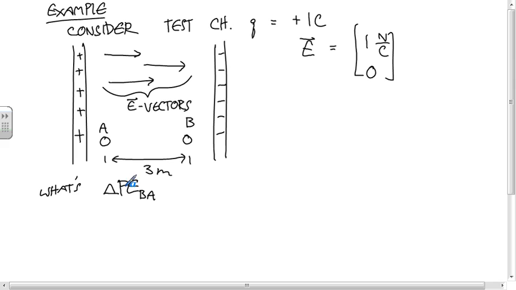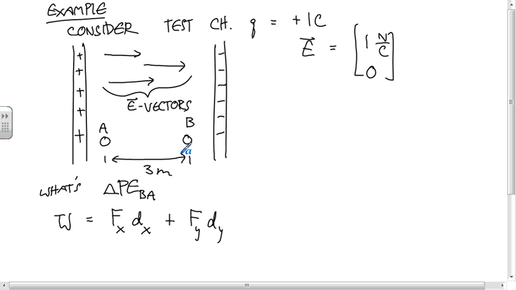Okay, we don't have a potential energy function, so we have to calculate the work. So work is equal to the x component of the force vector times the x component of the displacement plus the y component of the force vector times the y component of the displacement. Anyone have a feel for what the displacement vector is here? Yep, and it's a vector, so what component is 3?